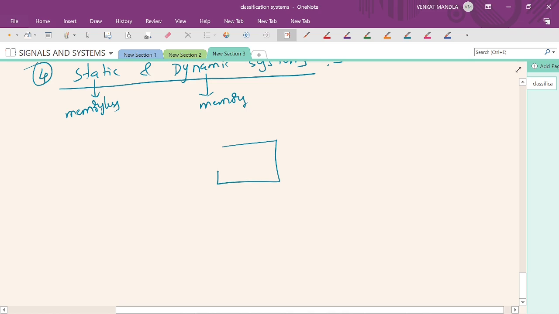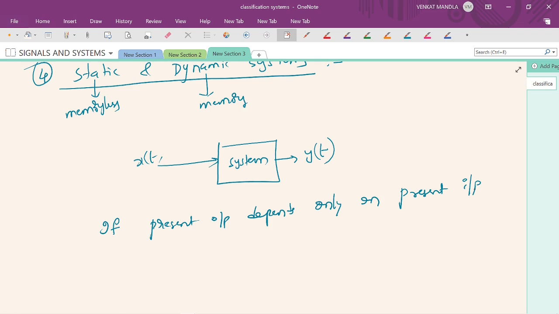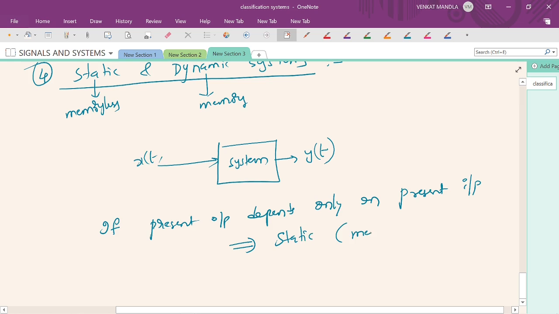So if the system has x of t and y of t, if the present output depends only on present input, not on previous inputs or previous outputs, then the system is static or memoryless.